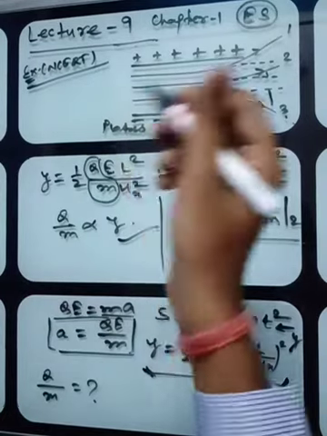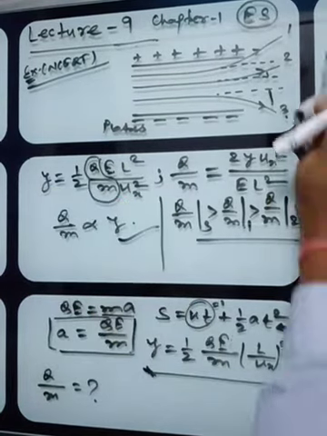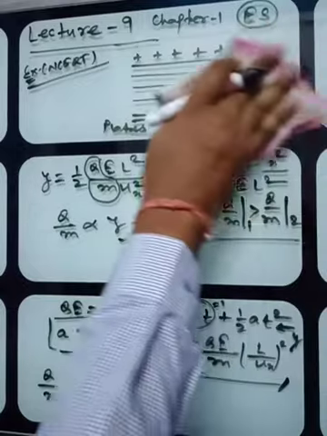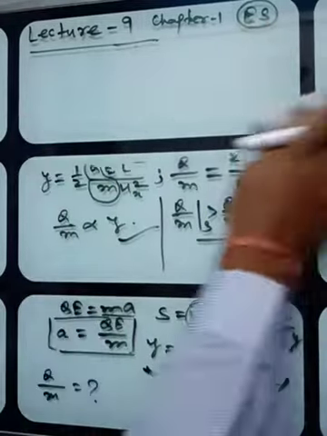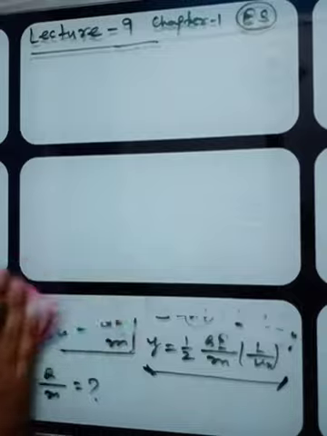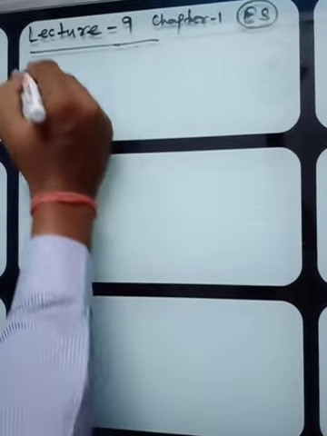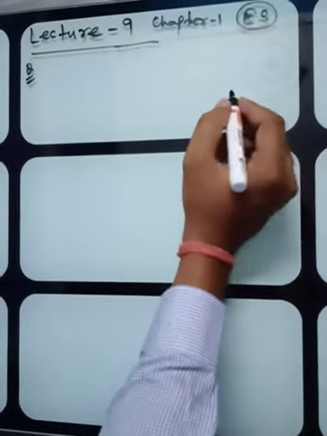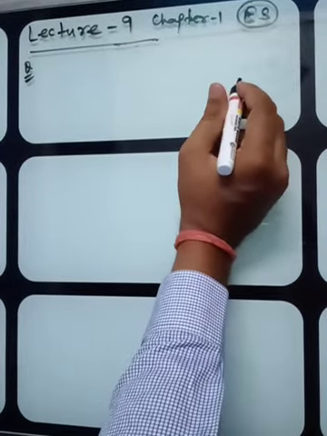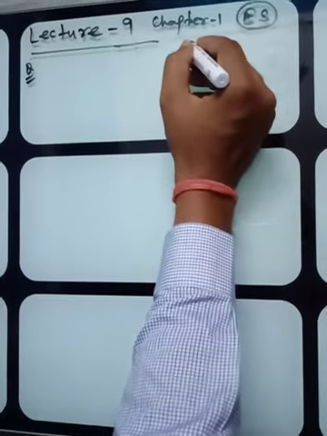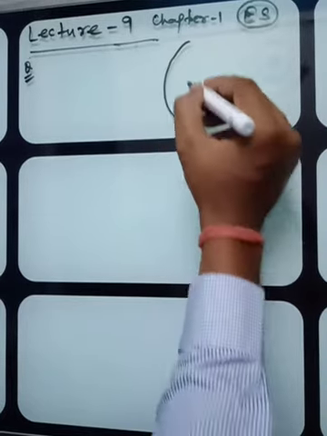Now students, another very important question, and such a type of question will be asked in boards as well as competitions. Could you find the electric field due to a charged ring or semicircular ring? This is the semicircular ring.